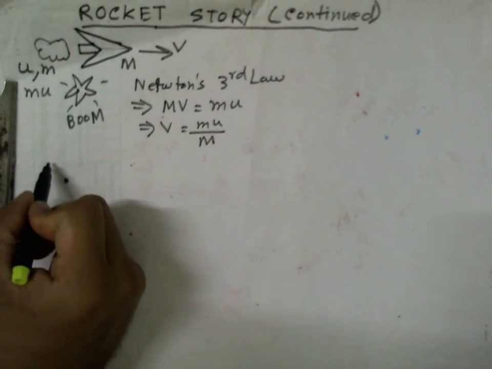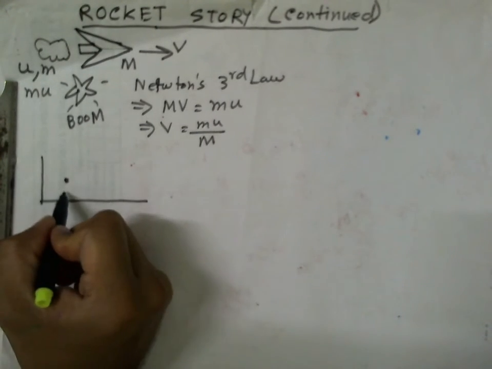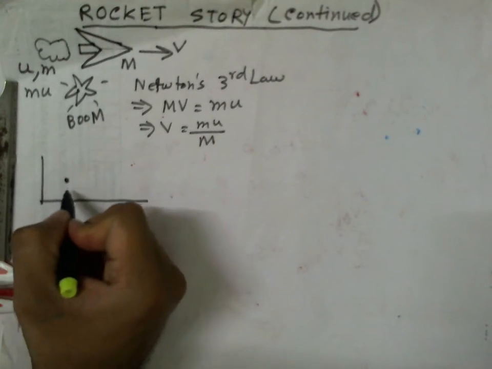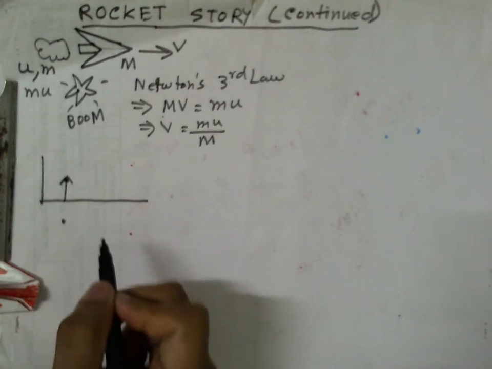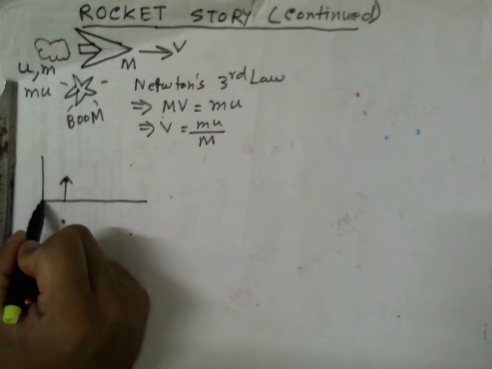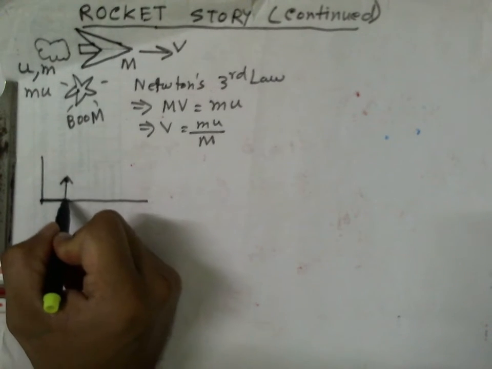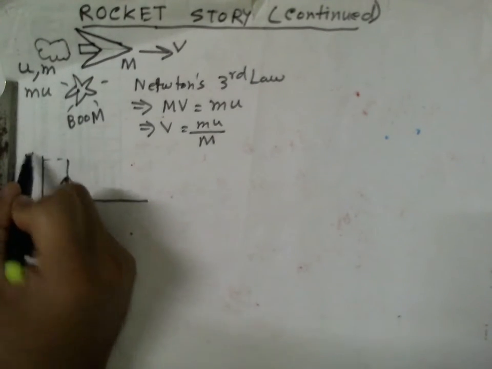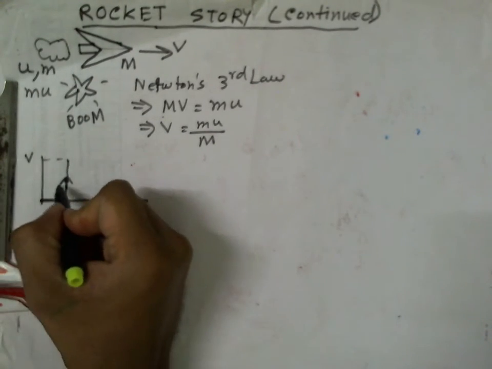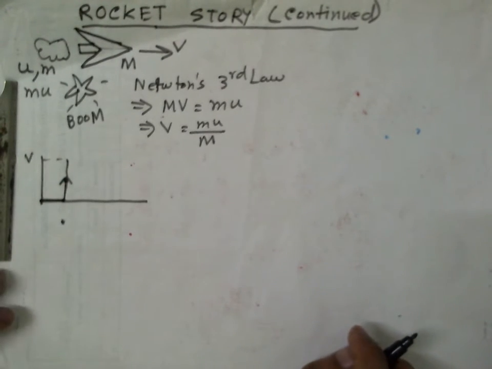So if I draw the time axis, and the jet is ignited at this instant of time, then the velocity before this was 0, the rocket had no velocity, and at this instant the velocity goes instantaneously to this value of v, right? It takes no time, or almost no time.